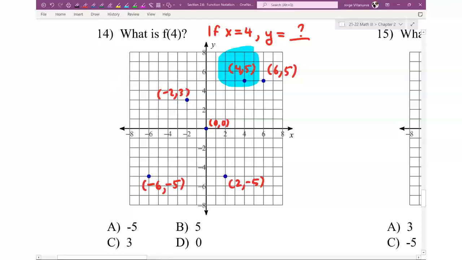If x is 4, y is 5. So my answer is going to be B. It's 5, because that point right here is 4, 5, where x is 4, so y must be 5.